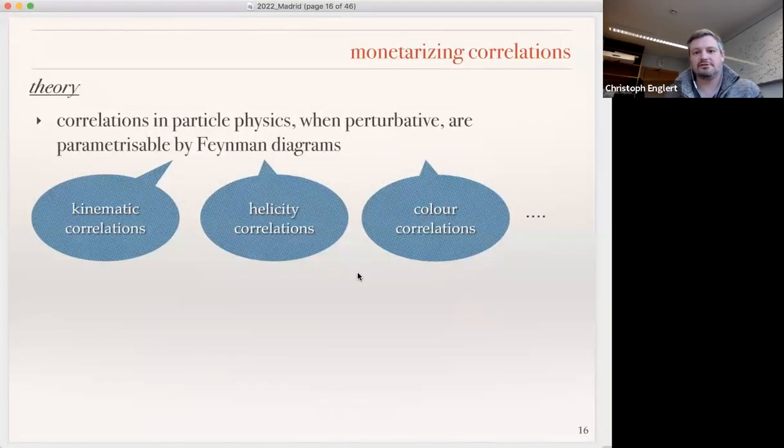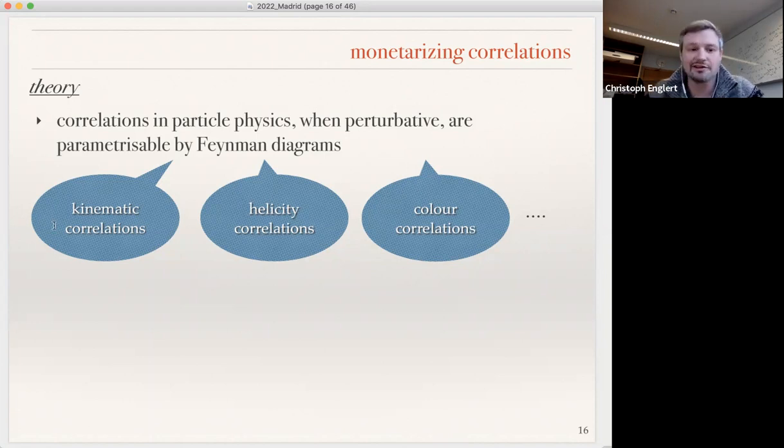So you can see really that correlations in data are very, very important, and controlling them is very, very important to maximize the BSM potential at the Large Hadron Collider. And in theory, we know, as long as we're dealing with perturbative physics, that all correlations are very, very well modeled by Feynman diagrams and Feynman graphs.